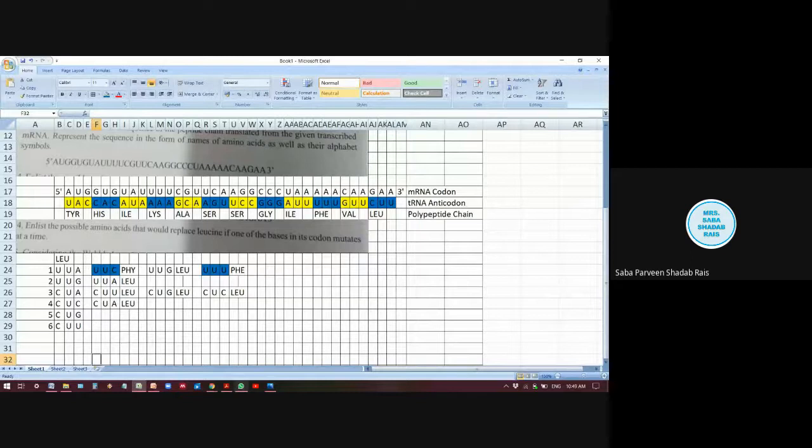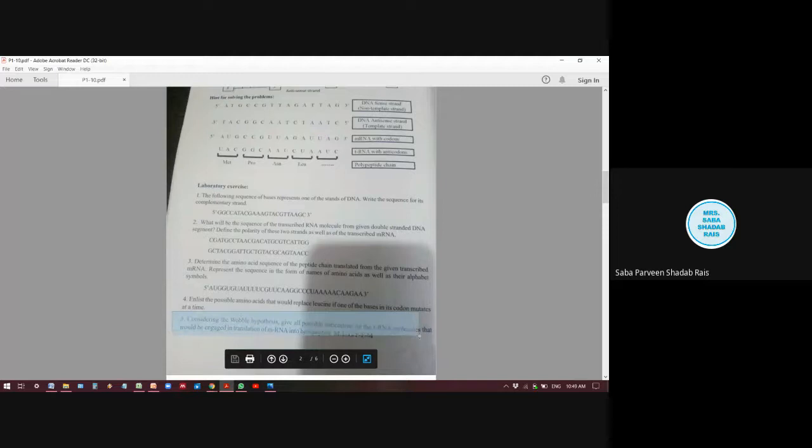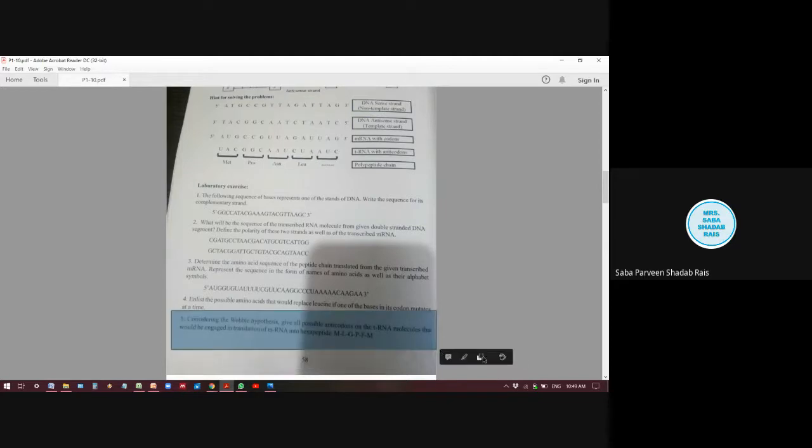Understood? So you will write this into the conclusion. If there is only a single base mutation in the first base of the leucine codon, there is a very rare chance of a change because leucine has 6 codons. Okay, have you copied this?